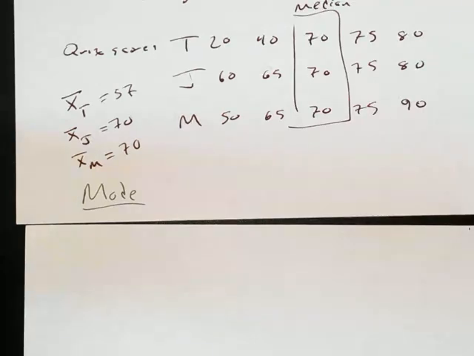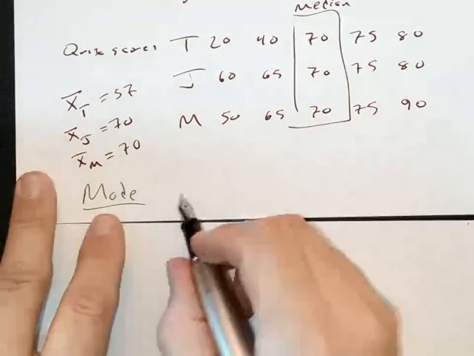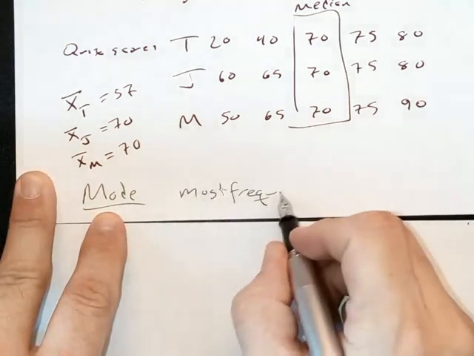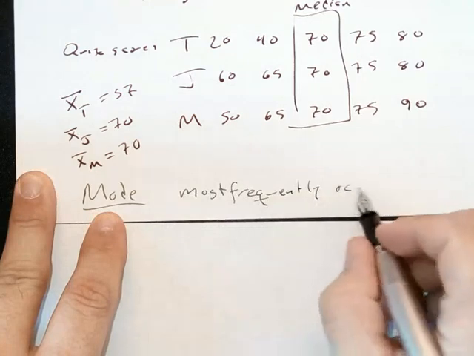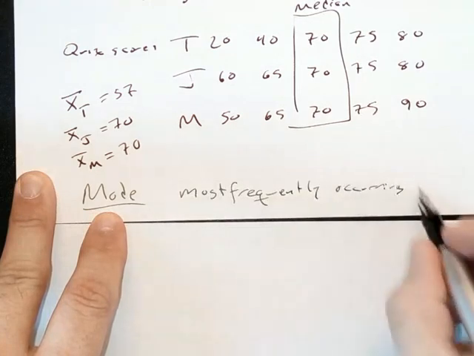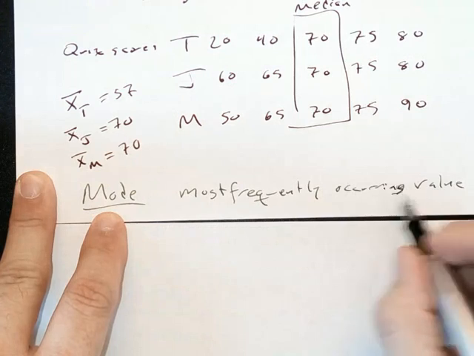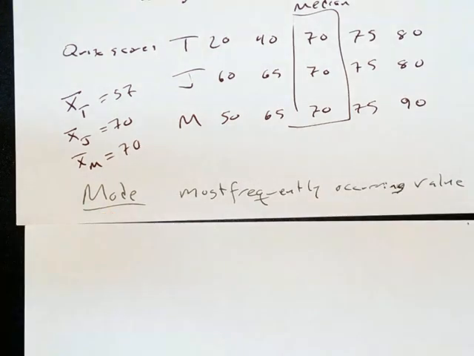Mode is a single value that's repeated most often. So if I have one that shows up more often, that's a mode.